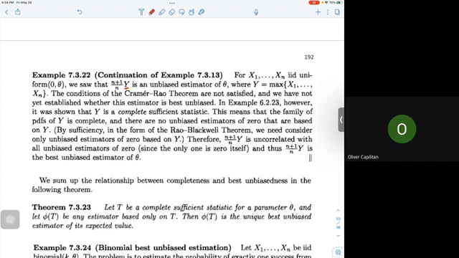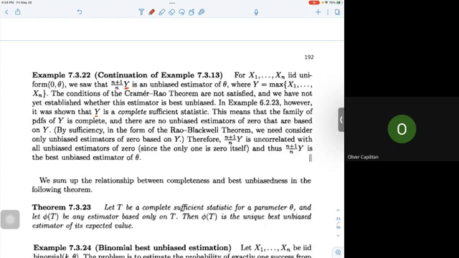Hindi man natin ma-express yung ating PDF into an exponential distribution. So we have not yet established whether this estimator is best unbiased. And then in the previous chapter, example 6.2.23, however, we have shown that Y is a complete sufficient statistic.